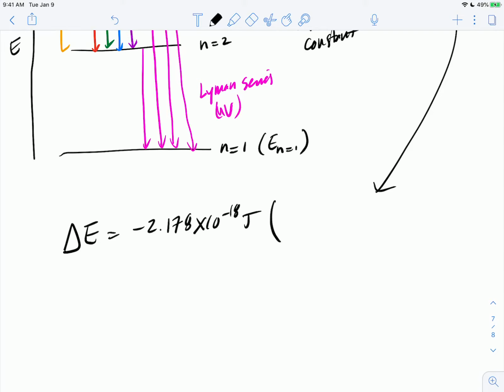Again, this is energy. And then 1 over n final squared minus 1 over n initial squared.